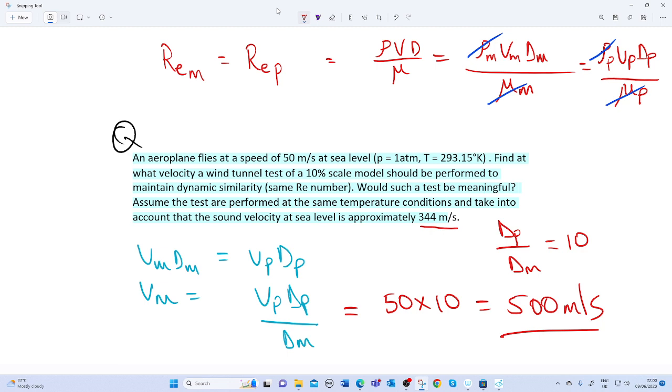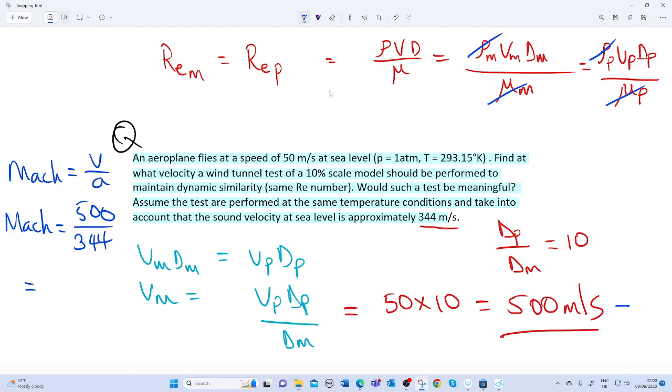Don't let us forget that the Mach number equals V over A, that is the velocity over the sound velocity. And we're told that the sound velocity is 344. So therefore our Mach number equals the velocity, which is 500, over 344.